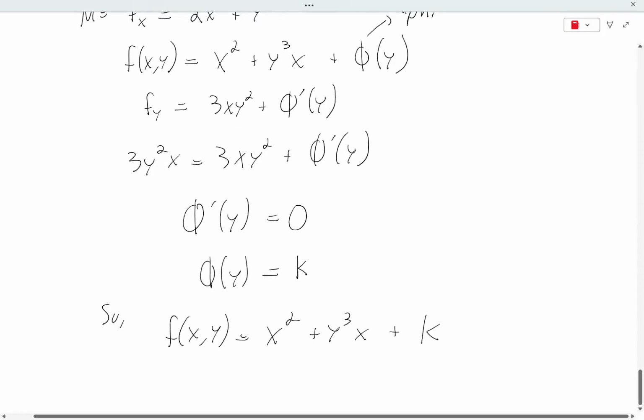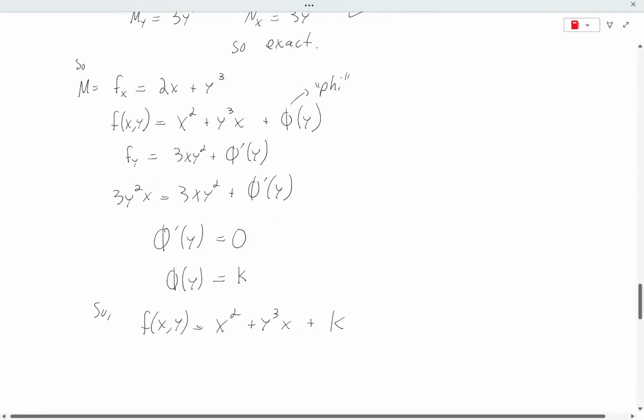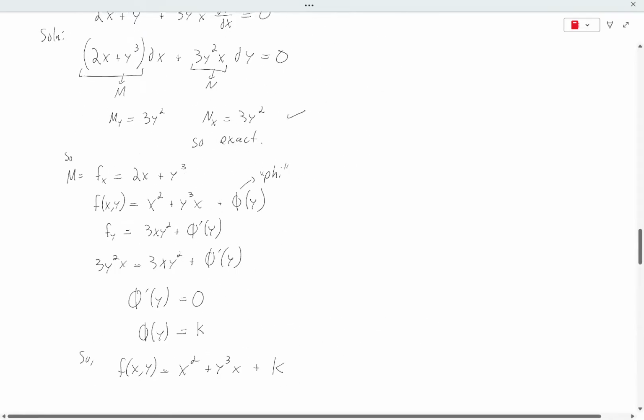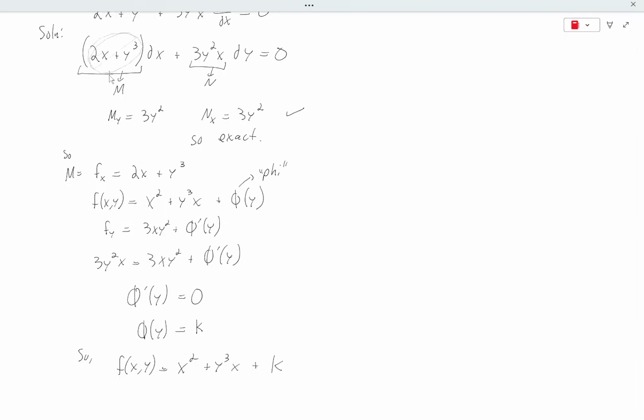I know that if I take the partial of this with respect to x, I get this one here. If I take the partial of this with respect to y, I get this one here.